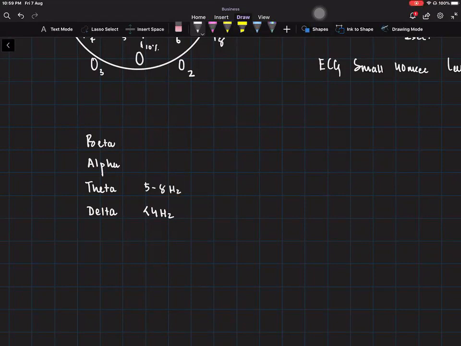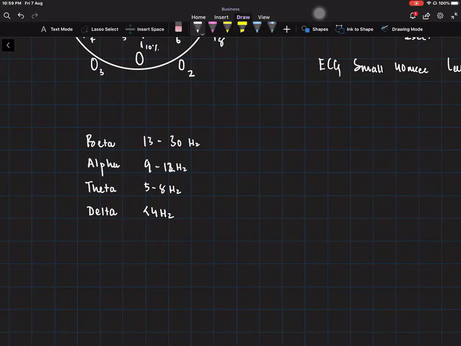Then alpha would be from 8 to 13. And beta would be more than 13. It's usually 13 to 30. There are also other waves which are beyond 30. So 30 to 200 is also called something.